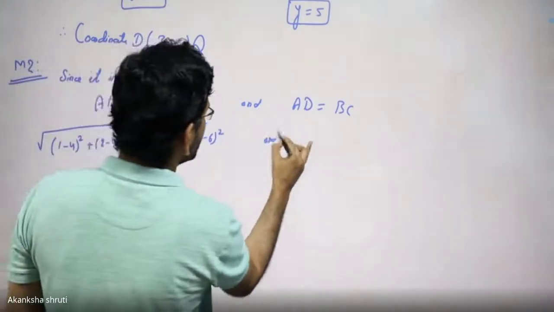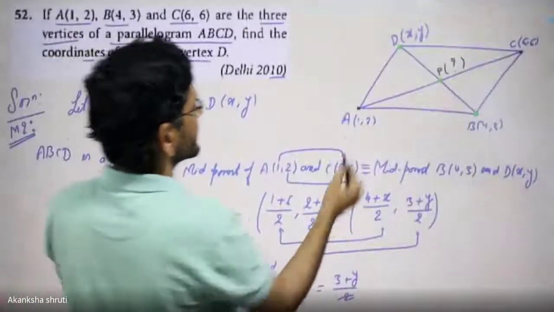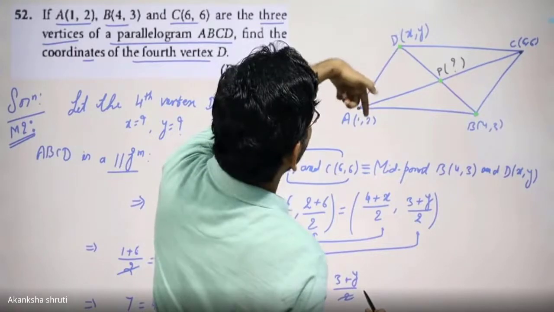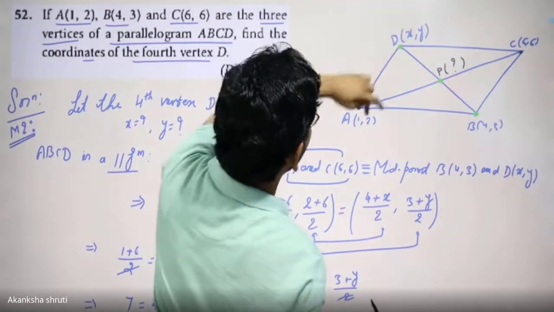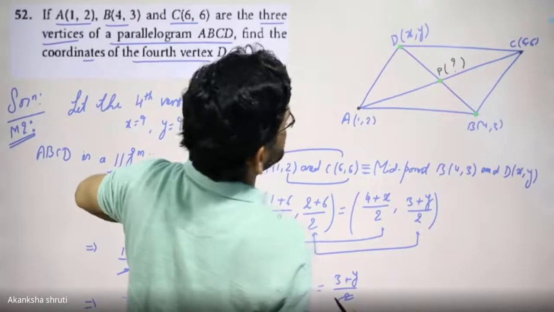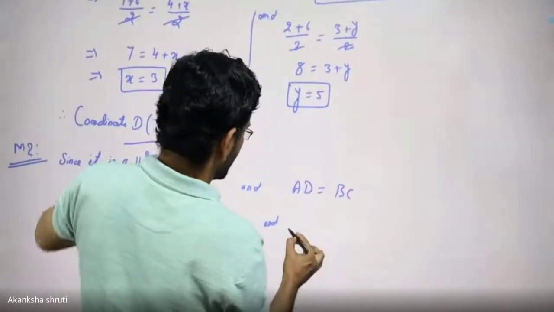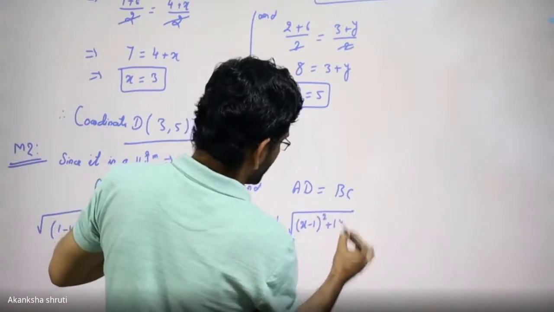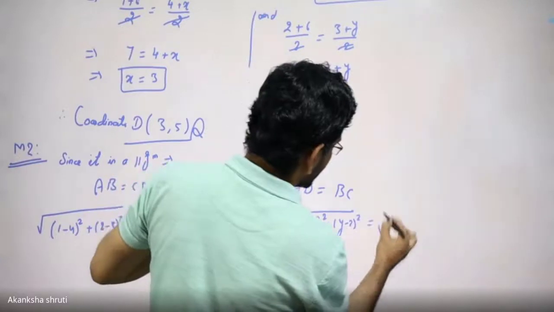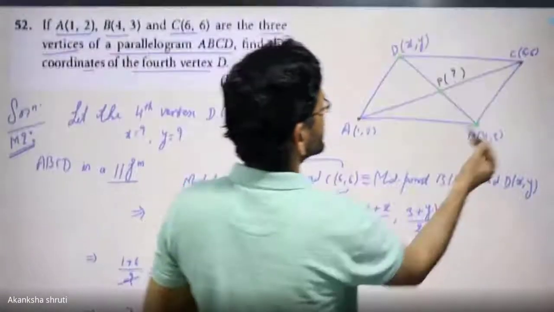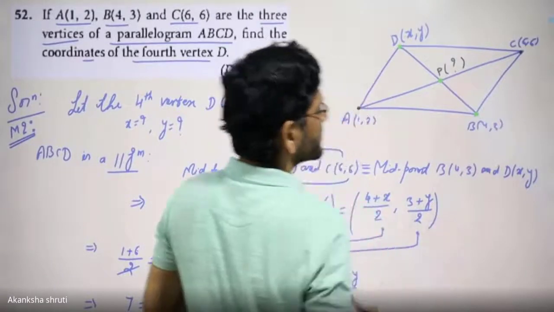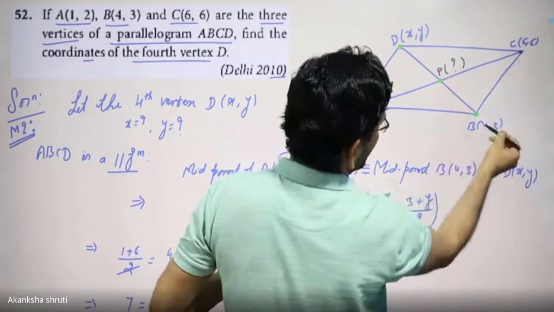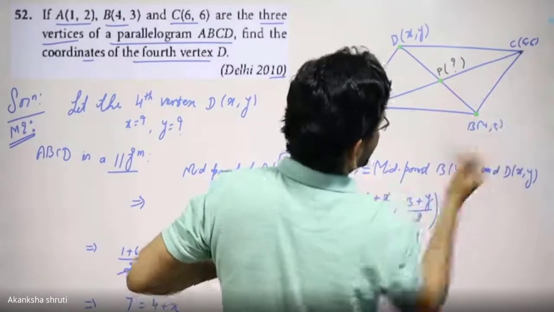It will be one equation and the other one is AD and BC. AD is (1 minus x) squared and (2 minus y) squared, or (x minus 1) squared and (y minus 2) squared. We can write the square root of (x minus 1) squared plus (y minus 2) squared is equal to the square root of this B and C. So we may take 6 minus 4 and 6 minus 3.